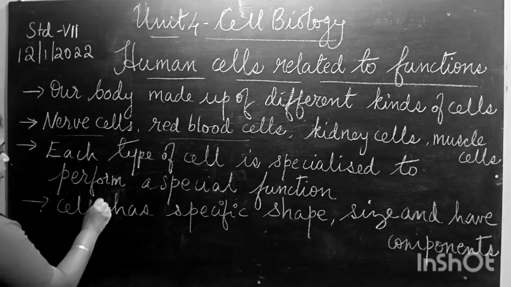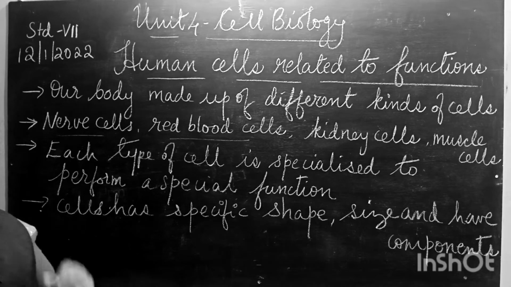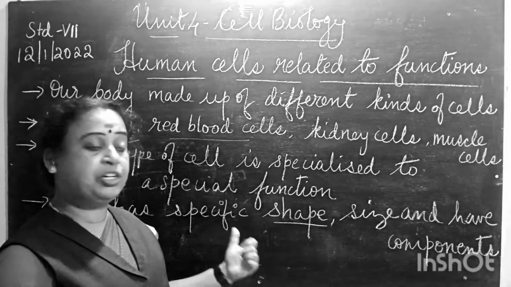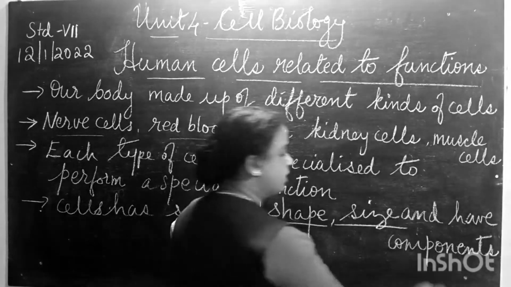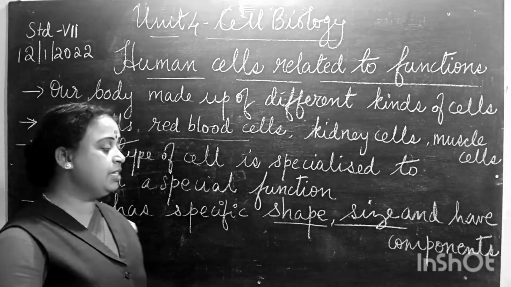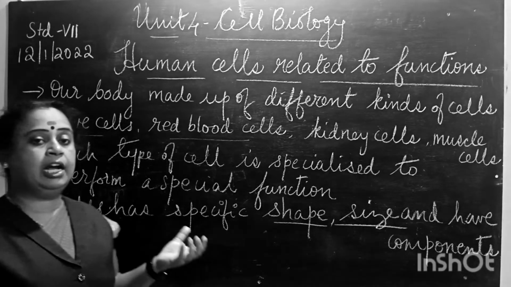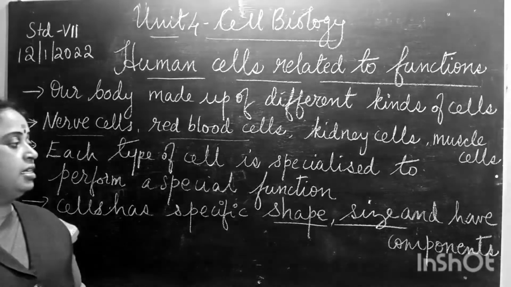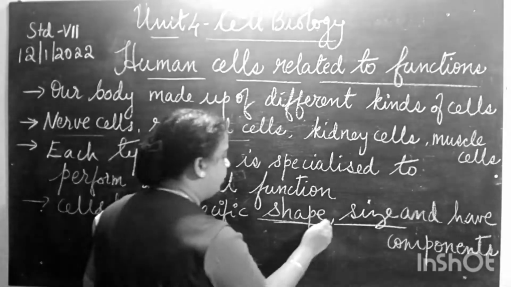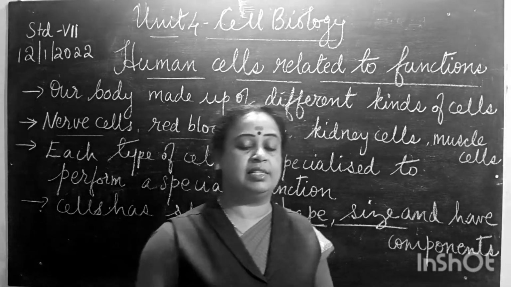Now, these cells do the special function depending on their shape. They have a specific shape. They have a specific size. And they have certain components inside the cell. Understanding? So depending on these, the cell can do a specialized function. Cells can do their specific function depending on the specific shape of the cell, size of the cell, and the components present inside the cell.